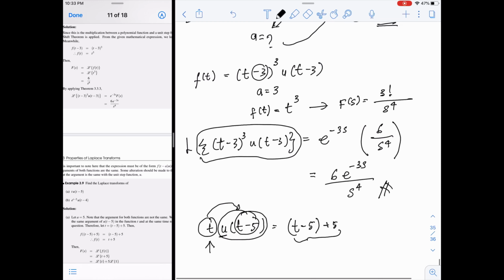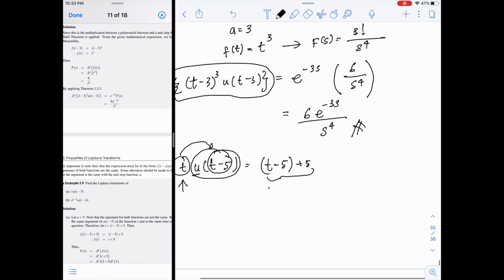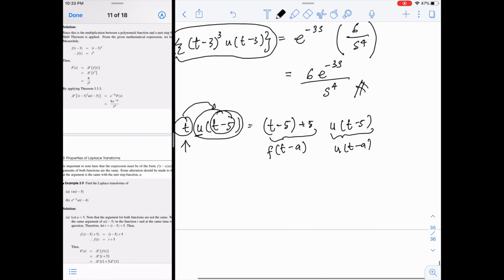So this one becomes your f of t minus a, and then you have another one, your u, which is t minus 5. With this, you have u of t minus a. As I told you previously, from here you will get your a. Your a now is 5, and your f of t is without the a, so you have t plus 5.